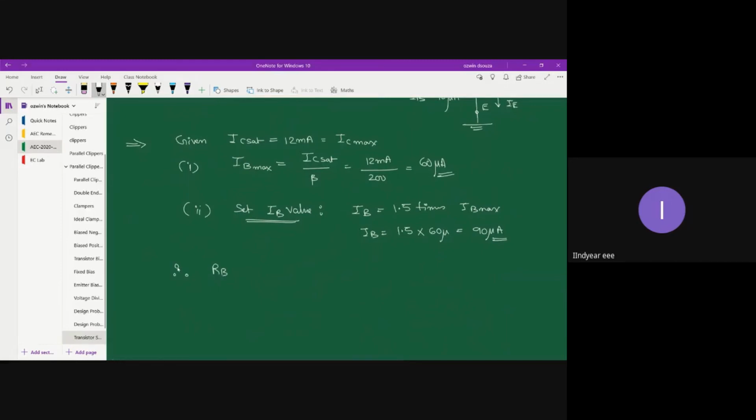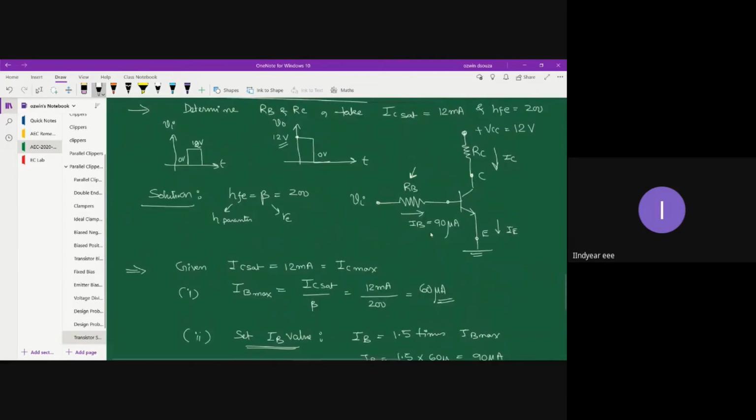Therefore, resistance RB is equal to the difference in potential, VI minus VBE, divided by IB. When VI is equal to 12 volts, IB flows. So this VI should be assigned the 12 volt value.